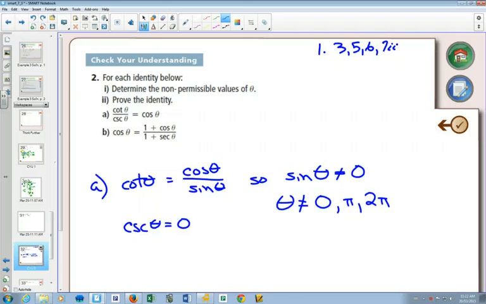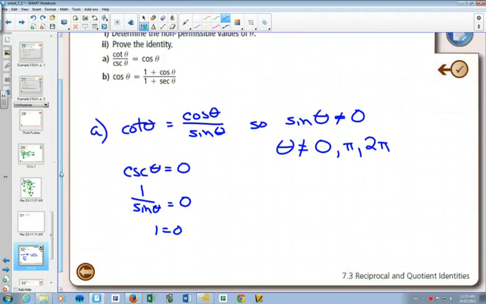Now we're going to find out that cosecant of theta is never equal to 0, because if we change cosecant of theta to 1 over sine theta and multiply this expression by sine of theta, we get 1 equals 0, which doesn't happen very often. In fact, it's not possible.